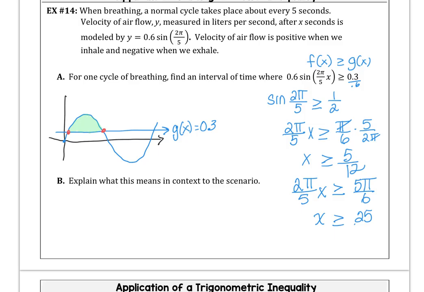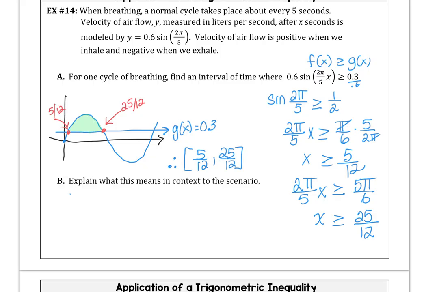The π's cancel out, divided by 6 times 2, that's 12. So we found this solution is 5 over 12, and this is 25 over 12. So our interval, inclusive, is 5 over 12 to 25 over 12.